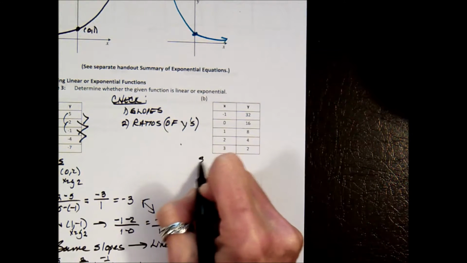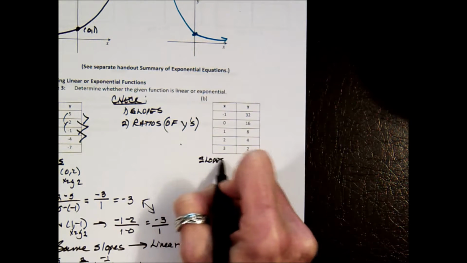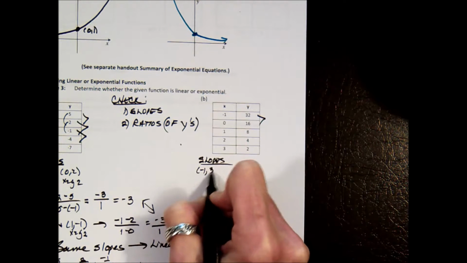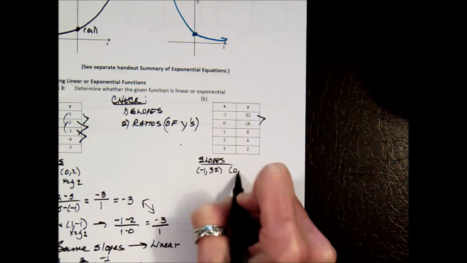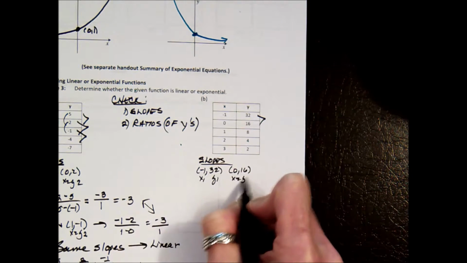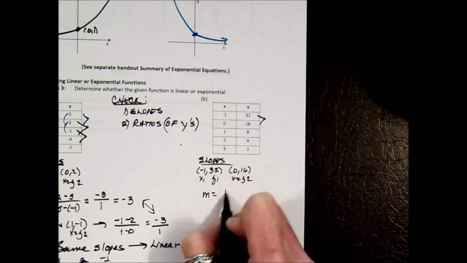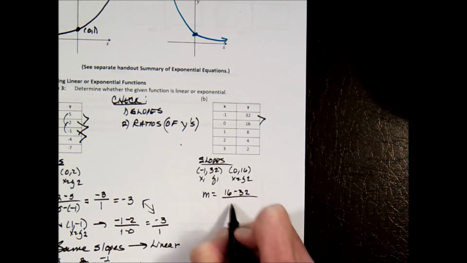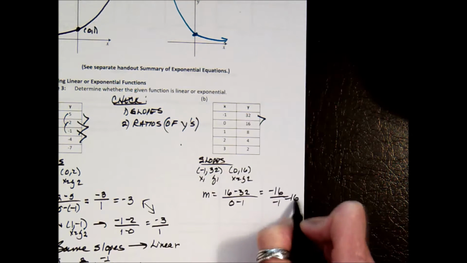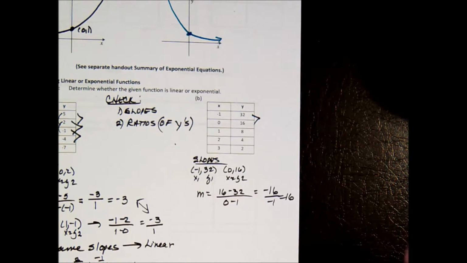Again, let's check the slopes on this one. So between these 2 points, I've got -1, 32 and 0, 16. So x1, y1, x2, y2. Slope is equal to 16 minus 32 over 0 minus 1, or -16 over -1, which is 16. Let's see if the next one is the same.